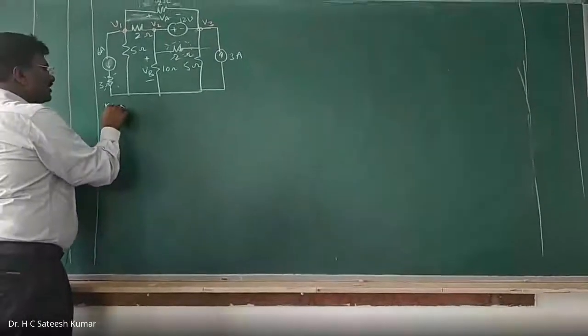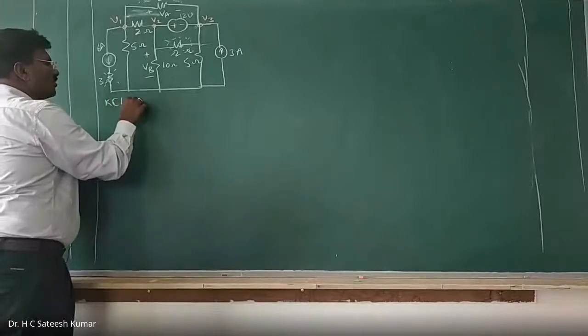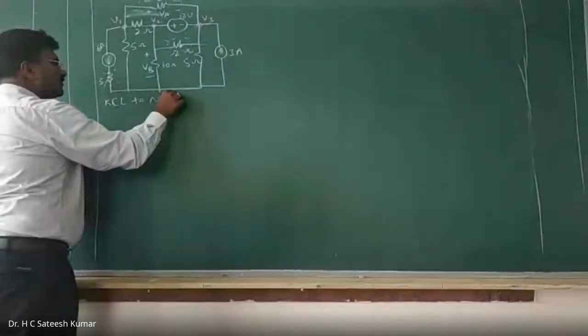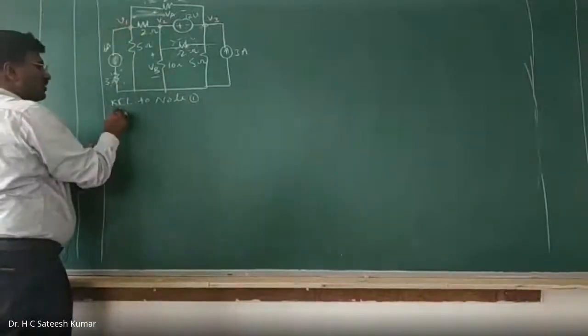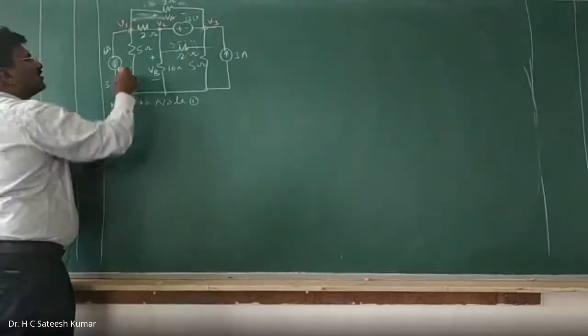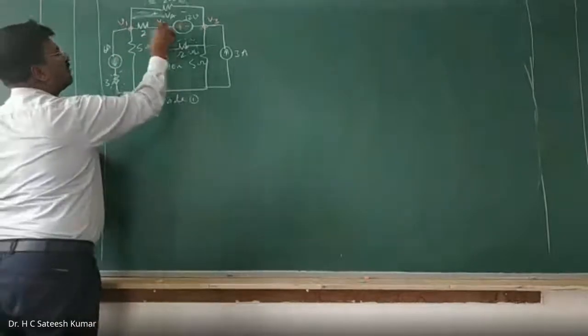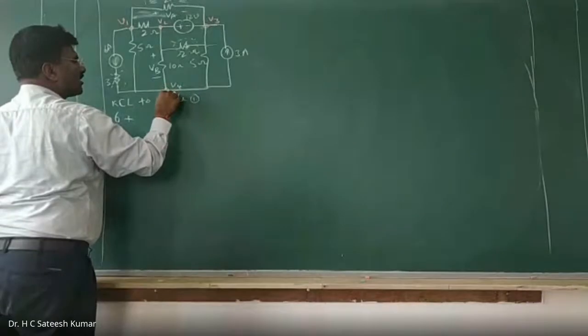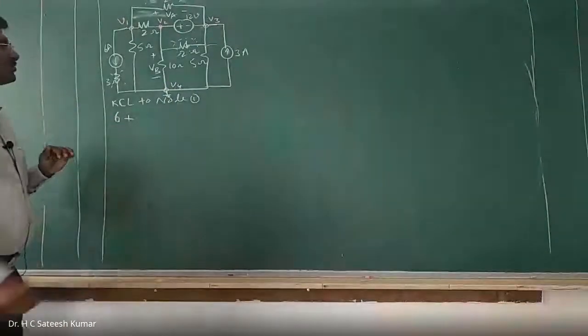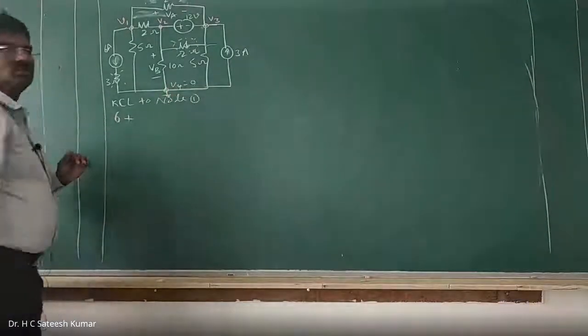Apply KCL to node 1. Sorry, KCL, not KVL. The current is leaving, so 6 plus V1. I call the nodes V1, V2, V3, and this one V4, which is 0 volts.